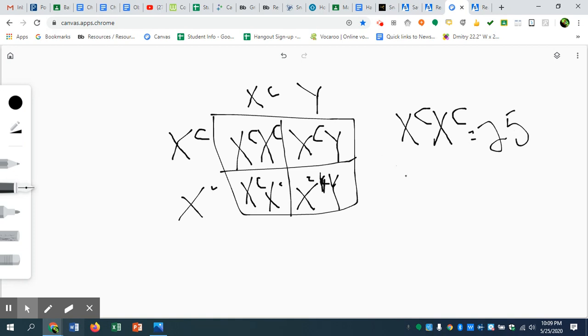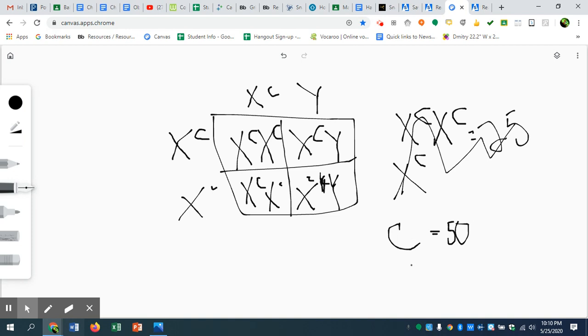Okay, another girl. I'm trying to break it down. So our girls with normal vision, we're going to nix that for right now. So our girls with normal vision, so with the capital C, that's a 50% for girls, right?